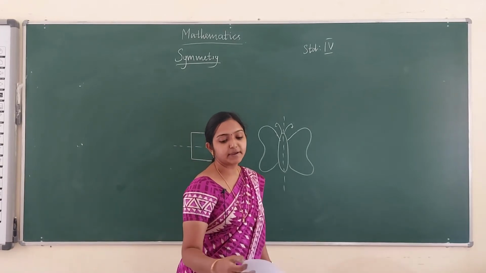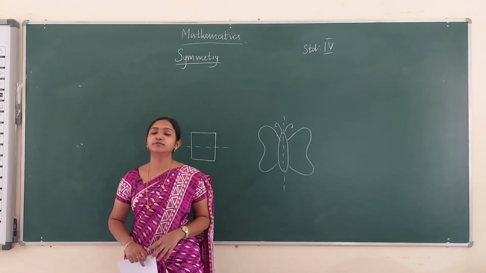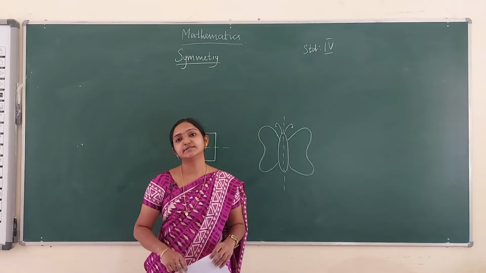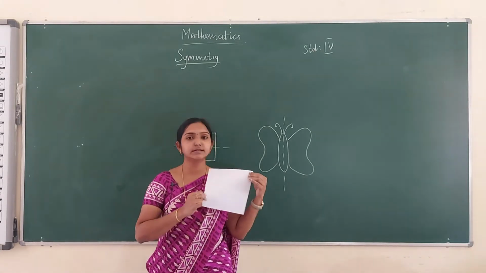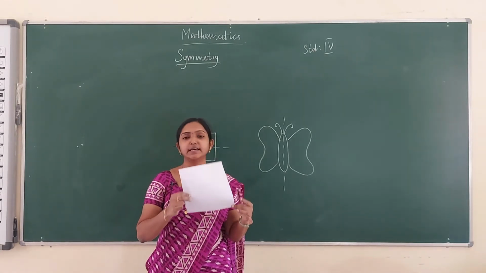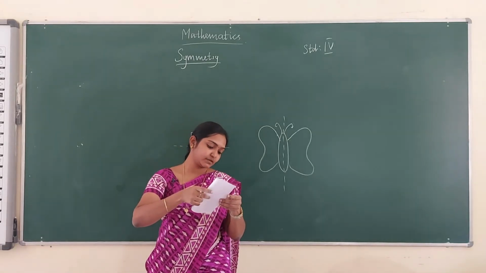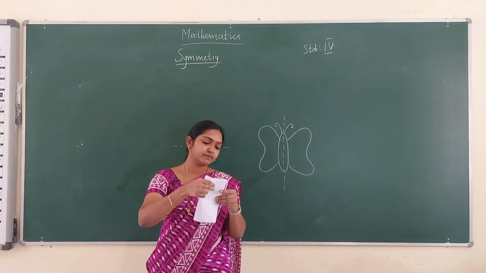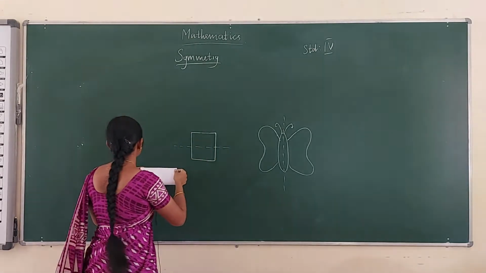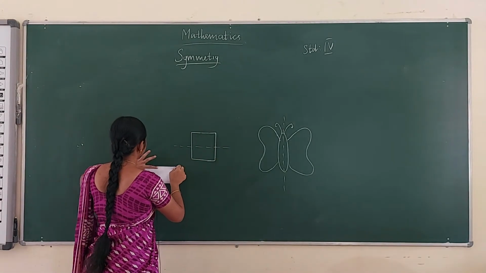We can use the paper folding method to find the line of symmetry. Now consider a square. Take a square. Now fold the square.